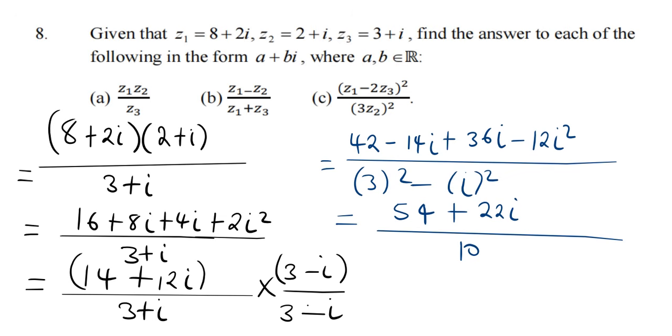What do we now do? We're now supposed to write it in the standard way. It will be 54 over 10 plus 22 over 10i.